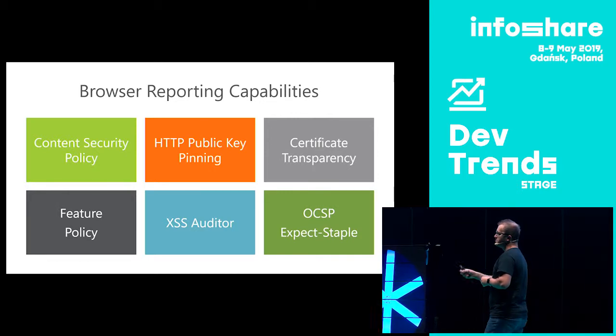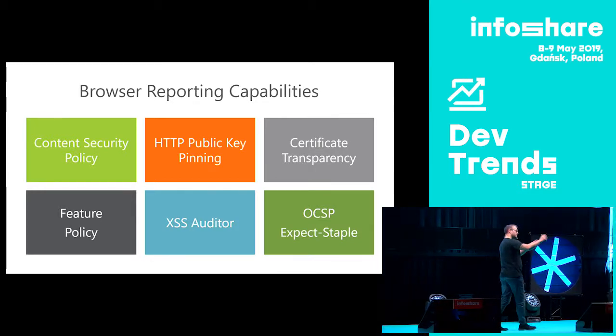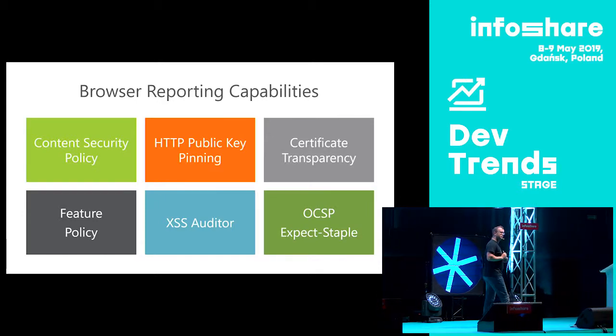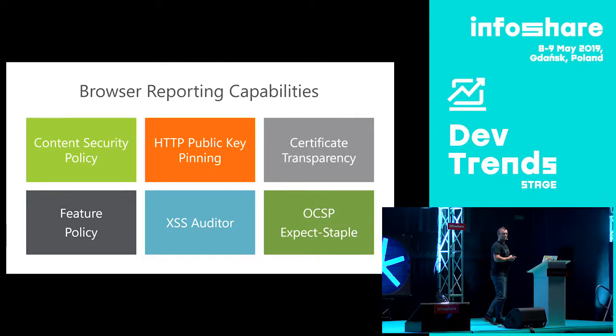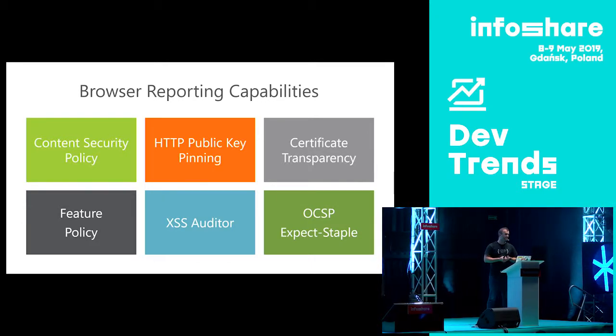If things happen on your website that you didn't expect, that you don't want, the browser will report back and say, hey, you told me that all of your images would come from this CDN, but do you know you've got all these pictures on your website that come from a different CDN? Maybe somebody put them there nefariously. Maybe it's just a misconfiguration. Maybe it's an error. But you have the ability to specify what you wish to happen and to know when something different happens.